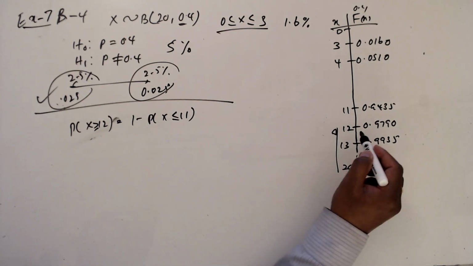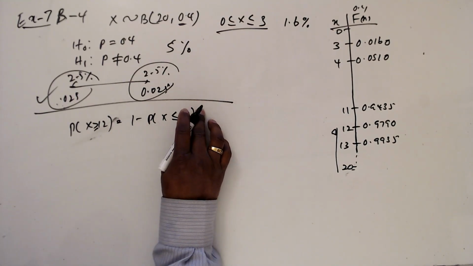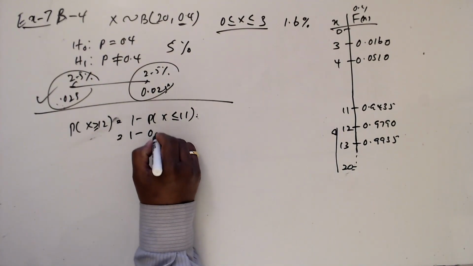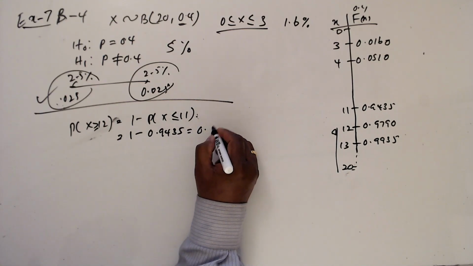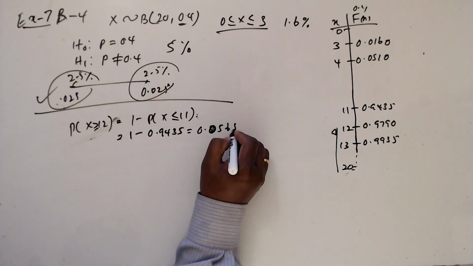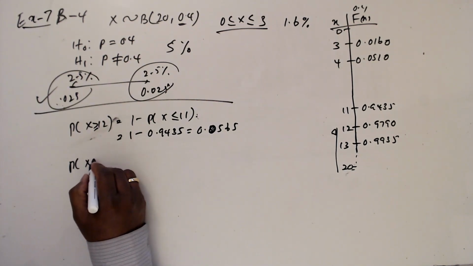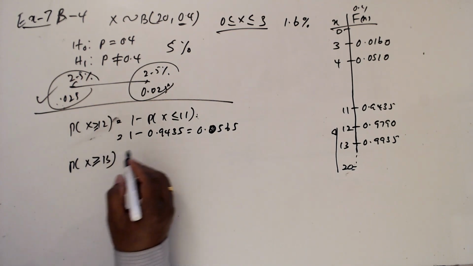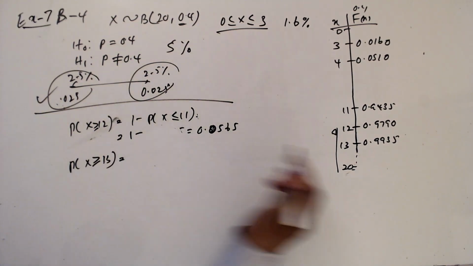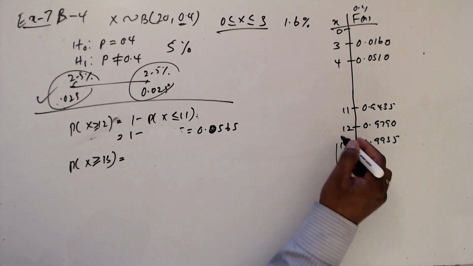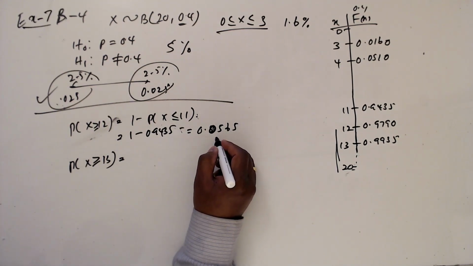So up to 12, it means 1 minus this amount, that is 1 minus 0.9435, so 0.0565. And for the probability of x greater than or equal to 13, the 12 value is 0.9435, and this is right.